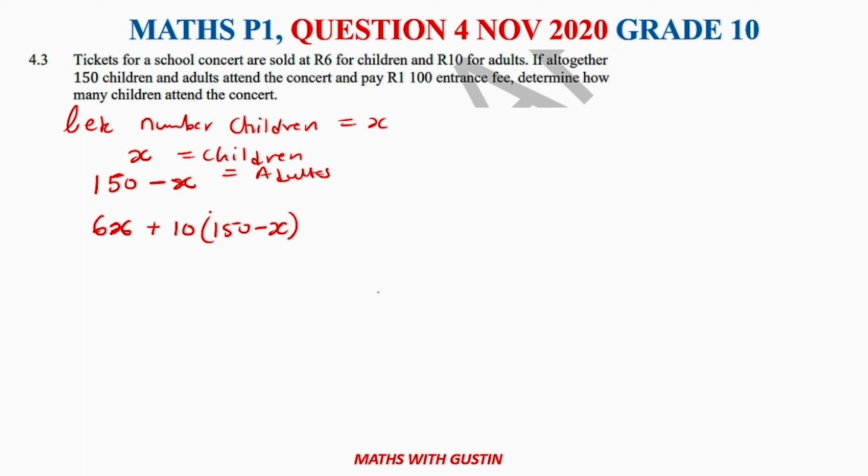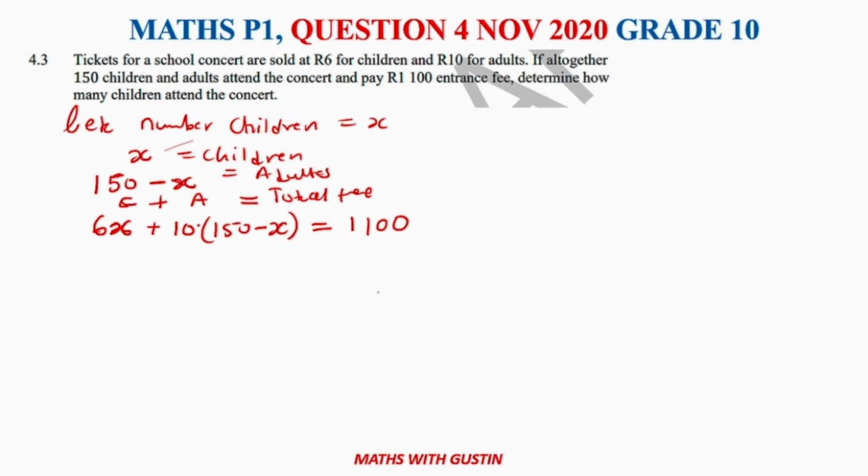Everything on this side, when we add everything together, we should be able to get the total payout amount of 1100. I hope you guys understand. So this is the price of a child plus the price of an adult. Therefore, in total, they should give us the total amount that everybody paid on the entrance, which is the total entrance fee. I hope you guys understand this.